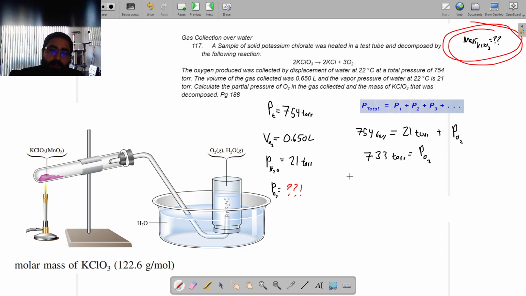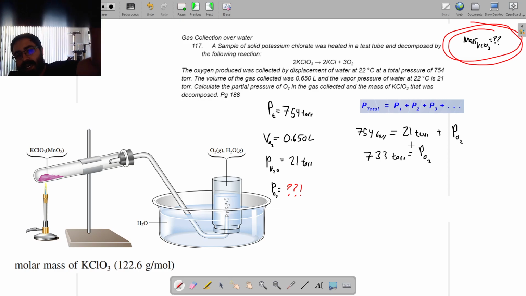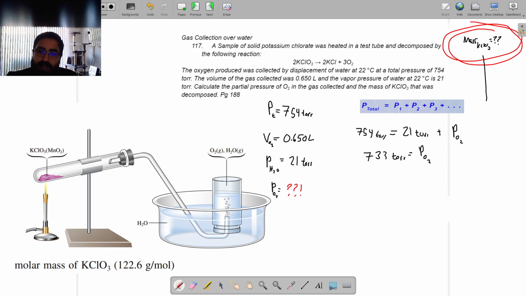We have the pressure of O2, and it seems like we're done. But we're not done, because we need the mass of KClO3. How can we go from pressure of O2 to grams of KClO3? Well, there's the ideal gas law, which I'm sure you've heard of: PV equals nRT.